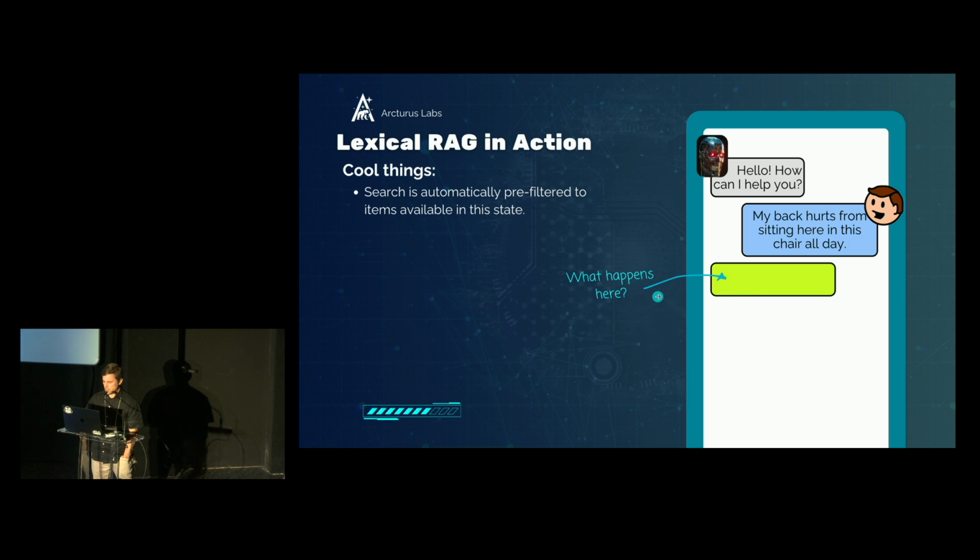Well, the LLM is going to see that it has this search tool. It's going to see that the user has a complaint. It's going to look at the instructions and say, okay, it's my job to help the user, so I'm going to read between the lines, and I've got to use this search application. And so it's going to make a search. Now, it could do any number of things, and we'll talk about this for a couple of slides.